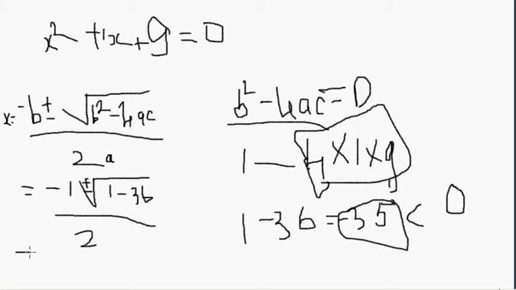That means we have something like this here: minus 1 plus minus root of minus 35, over 2.